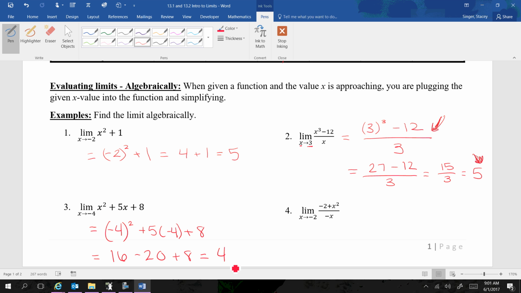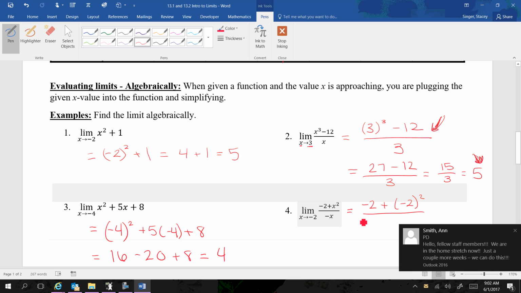If I plug in negative 2, I do have a denominator. Will I get 0? No, there's no possible way to get 0 in my denominator because I only have x in there. So if I plug in negative 2 into my x's, I would have negative 2 plus negative 2 squared divided by, what do I do if I have a negative x?